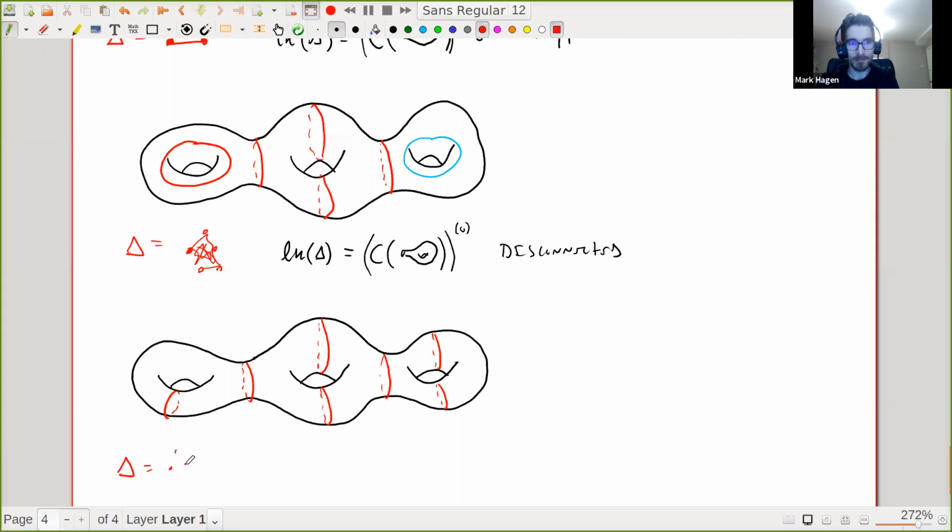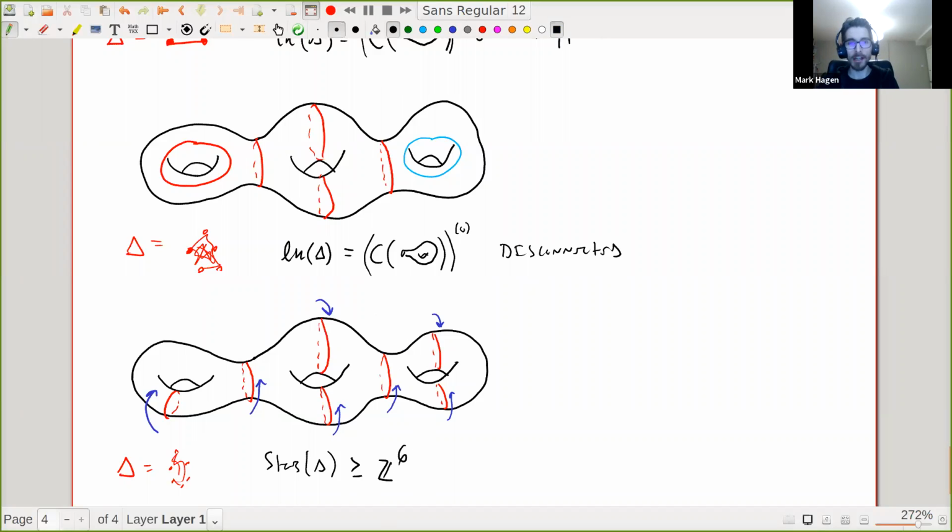so delta is this 6 simplex, the stabilizer of delta is not finite, because for each of these curves, there's the Dehn twist around that curve, and that Dehn twist acts as the identity outside of a neighborhood of that curve, and so it stabilizes all the other curves, and those Dehn twists all commute with each other.